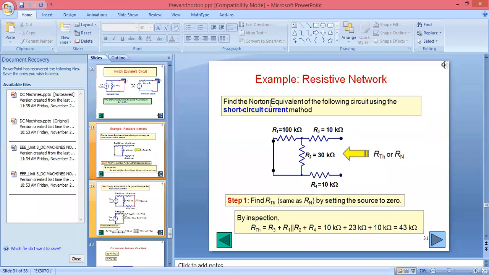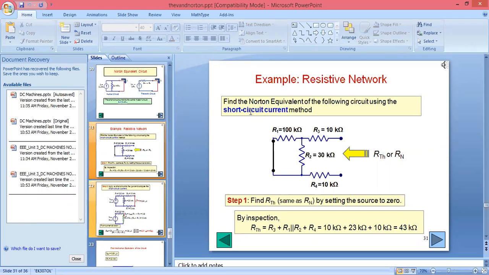You can solve for the equivalent by using short circuit or open circuit. Sometimes they will not mention Norton or Thevenin, and will directly say: find the equivalent of the following circuit using short circuit. Short means ITH parallel with RTH, and open means VOC in series with RTH. You are supposed to understand this.